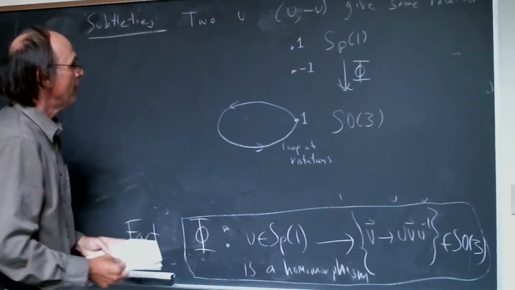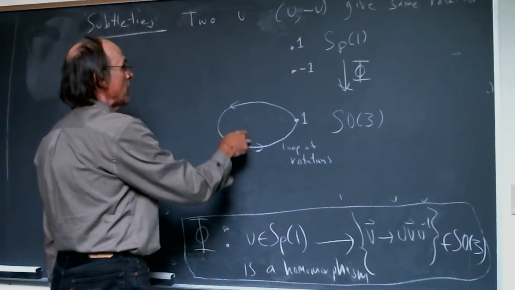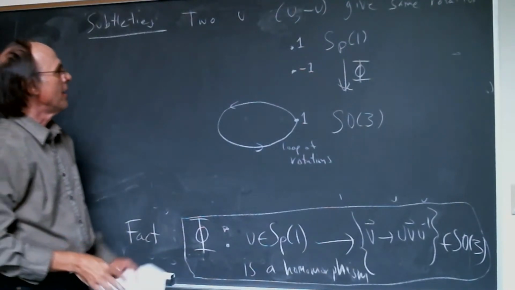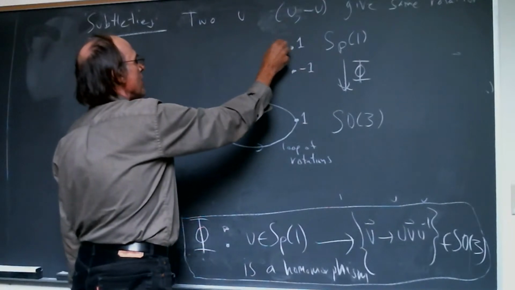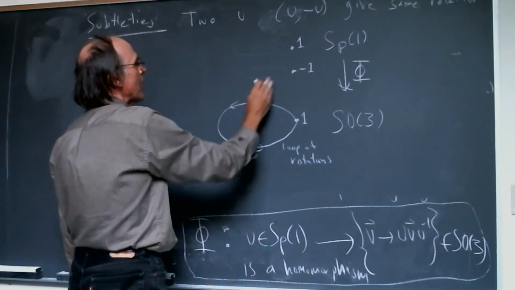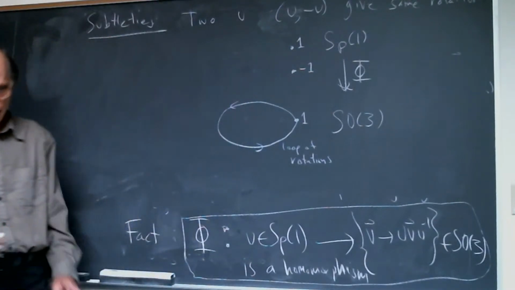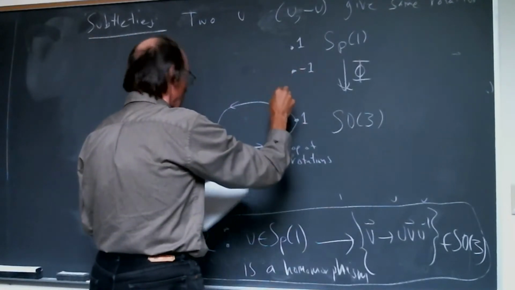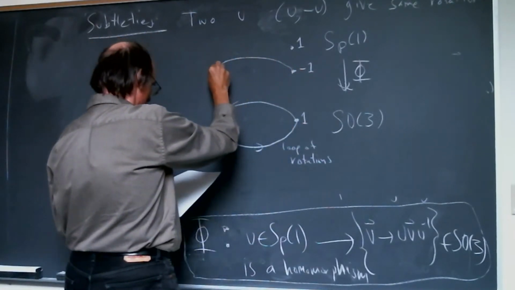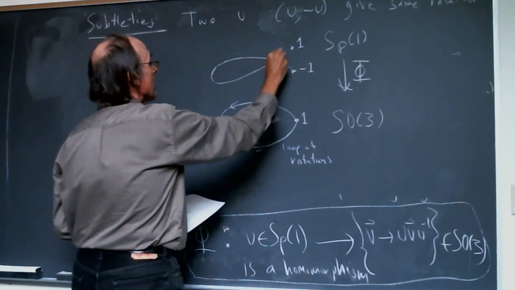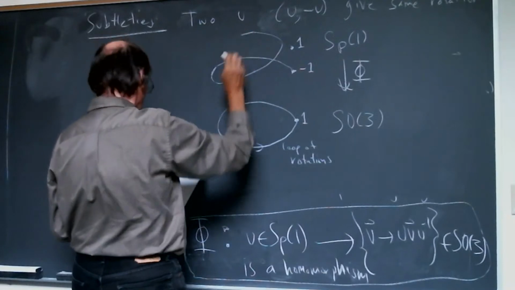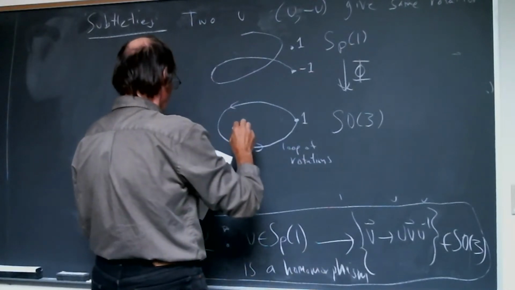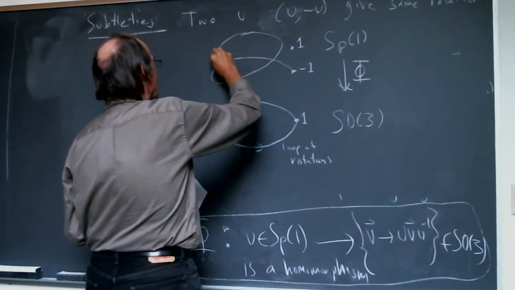Then for each point in this loop, I'm going to get two elements up here. The simple thing would be if you just had two circles here, but that's not what happens. What happens is something much more interesting: as you go around, you get some kind of figure that does something like this, and then it's going to come back down here.